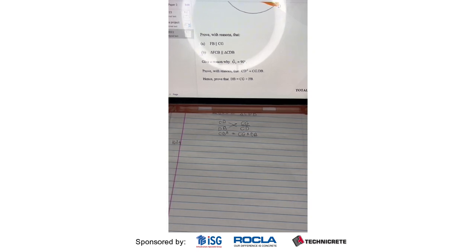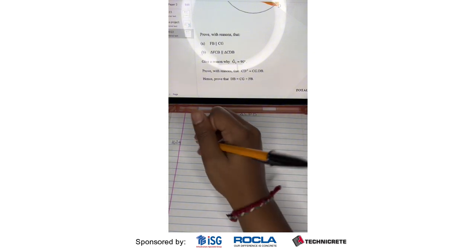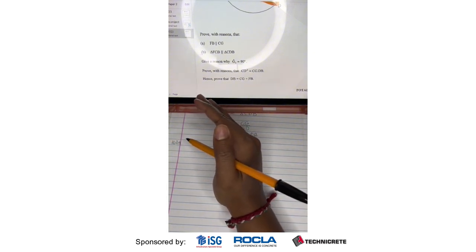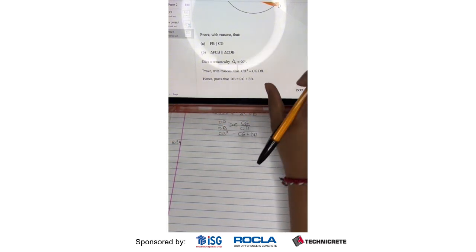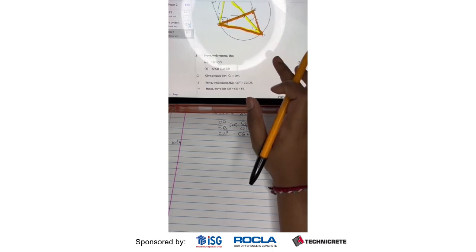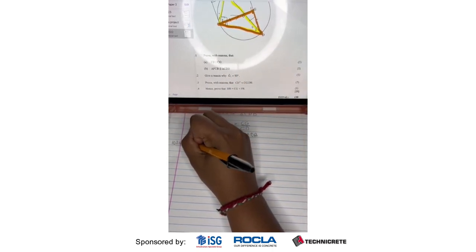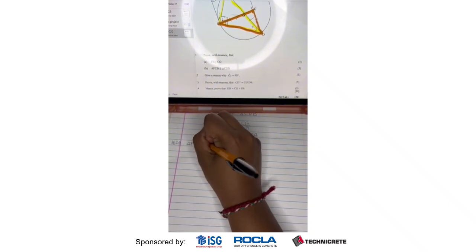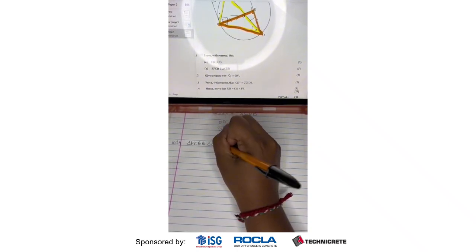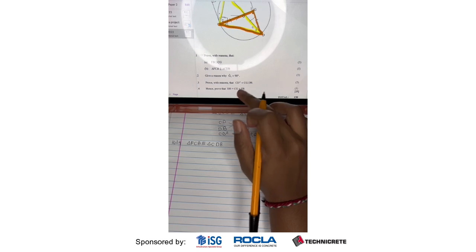We know that those triangles are similar. But we also have another triangle set that's similar, which was triangle FCB similar to triangle CDB.